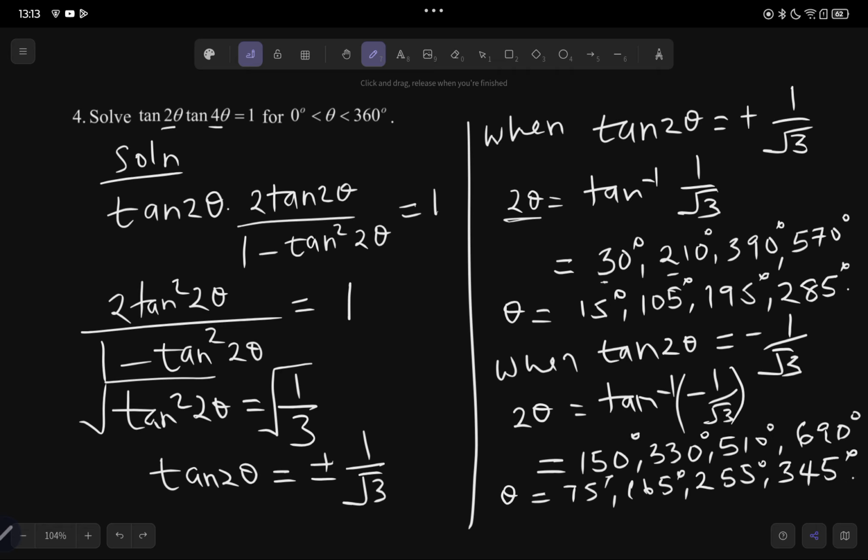So the combined solution is combining these solutions and the other ones into one set of 8 solutions. Preferably, you arrange them in ascending order, starting with the smallest or the least.